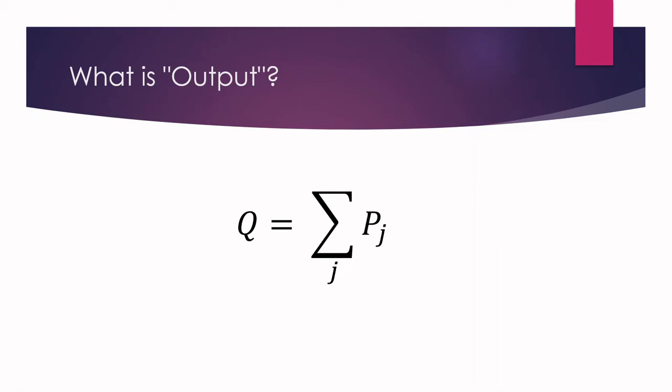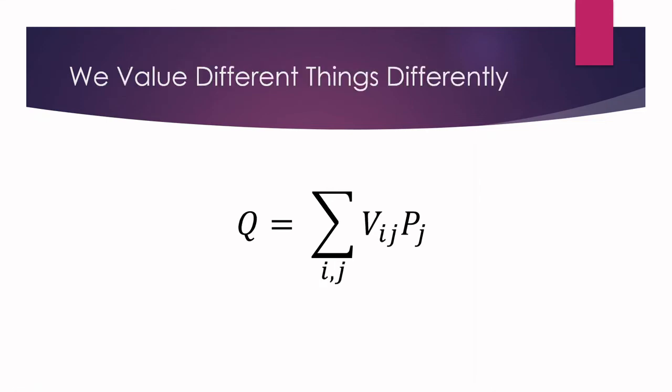And then we say how much of each product did we create? And that's the total output. Now, again, we're skipping over the issue here of you can't add 10 apples to 10 oranges and say it's 20, right? Those are two different things. And so we value things differently, right? Each person values each product differently.